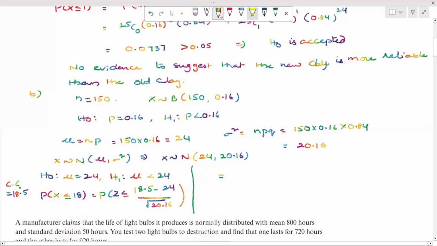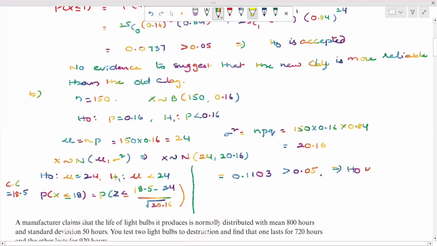If you simplify that using your calculator, the final answer will be 0.1103. Now this is greater than 0.05, the 5% significance level they gave. Therefore we can say that H naught is accepted.